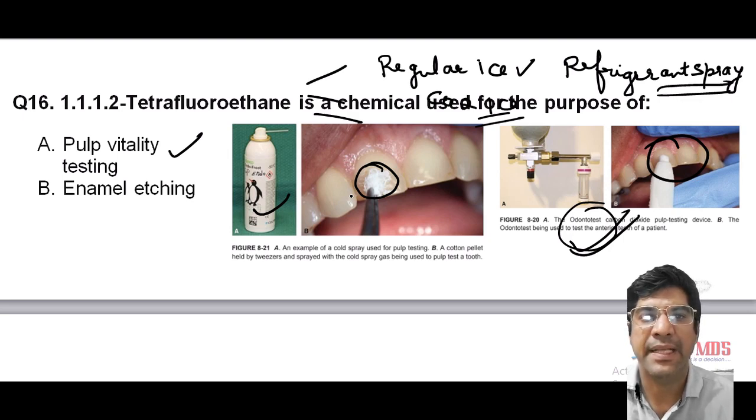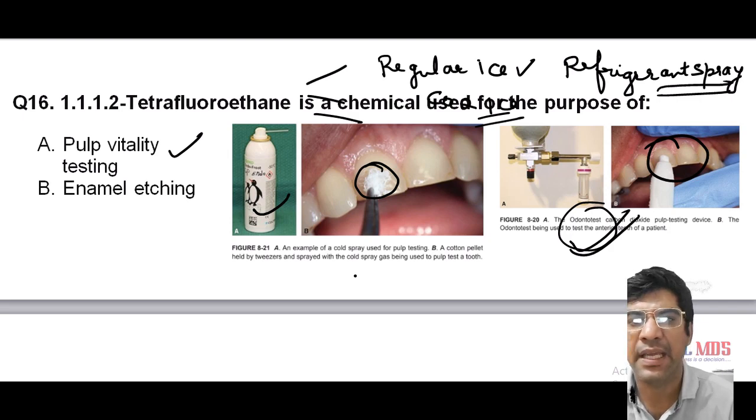If the pulp is healthy, the patient would feel a sharp, brief pain in response to cold. This is a normal reaction. If intense and prolonged pain is seen, it indicates irreversible pulpitis. It means that there is severe inflammation and the tooth may need root canal treatment.